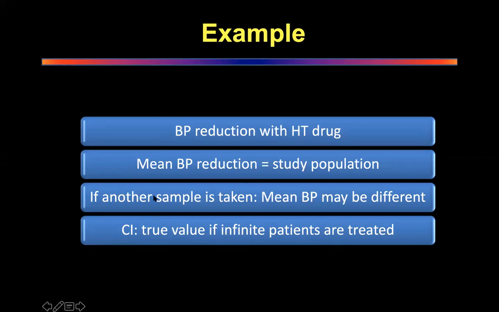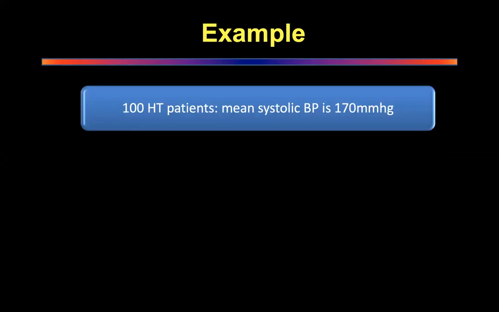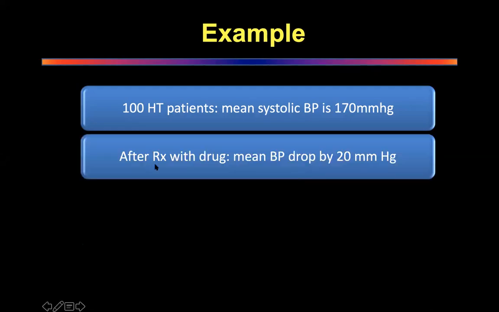So forget the third line, look at the second line and the fourth line. Confidence intervals represent the true value if infinite patients are treated. Something like this: 100 hypertensive patients, the mean systolic blood pressure is 170 millimeters of mercury. After treatment with the drug, the mean blood pressure dropped by 20 millimeters of mercury.